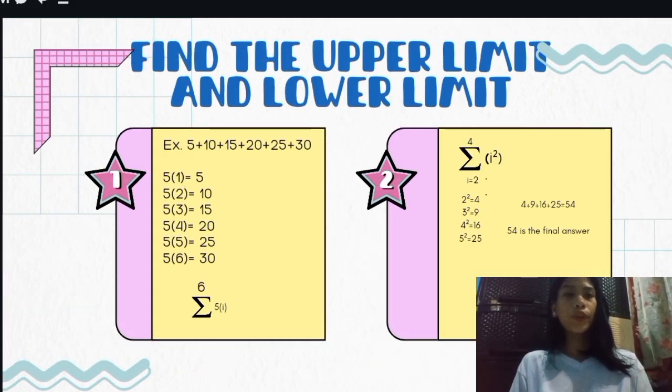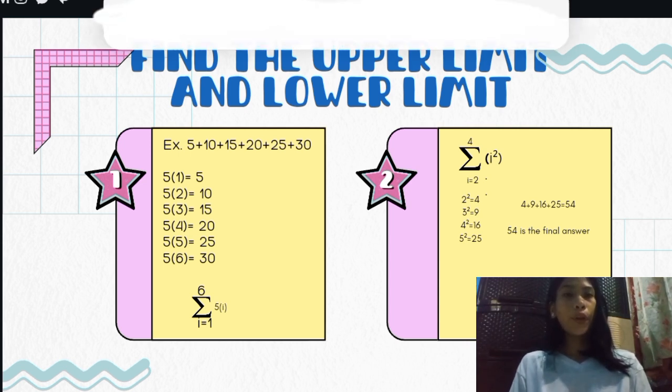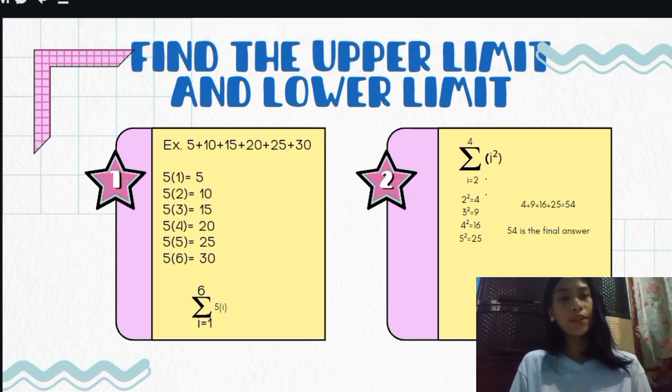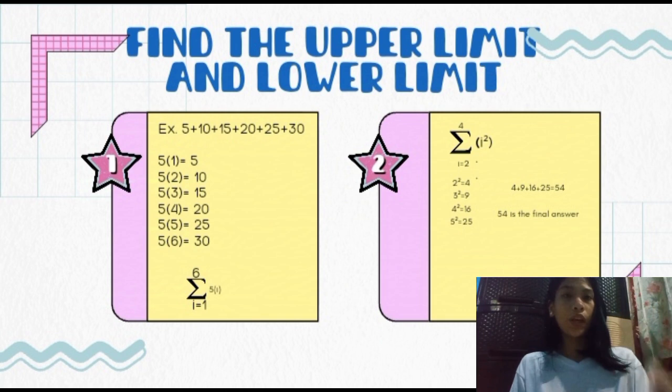And now let's solve the following example. As we can see, it is divisible by 5, and we use 1 as our index of the sigma and 6 for the upper limit, since there are 6 numbers in 5, 10, 15, 20, 25, and 30.